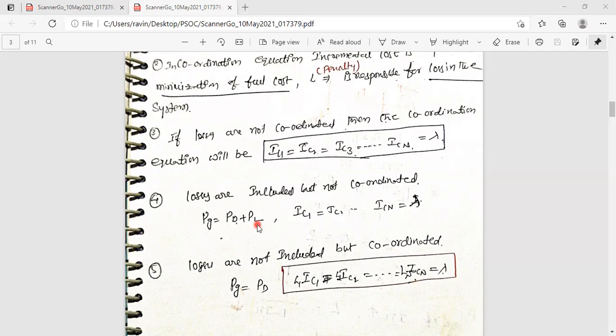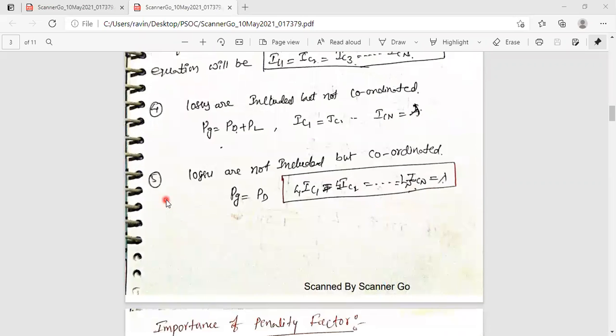There is not much difference between the power plant and consumer. There are very small distances between power plant and consumer. Penalty factor means for the losses also you are paying the bill. That's the main thing.